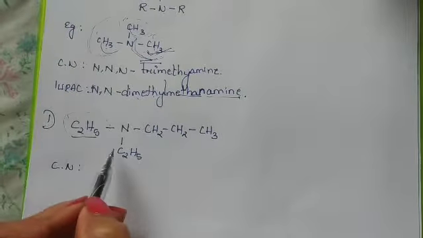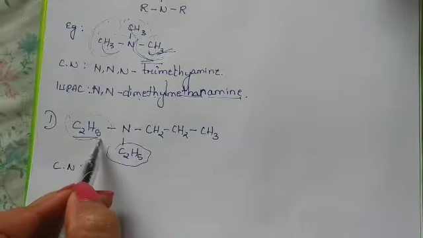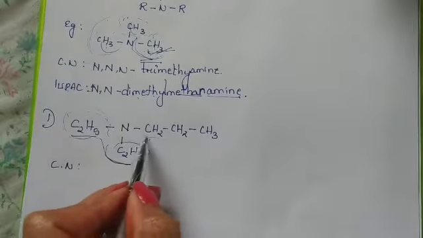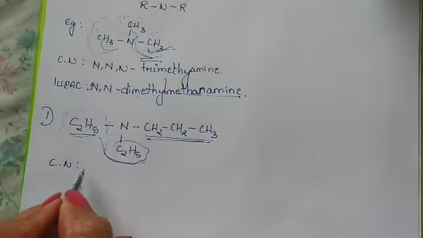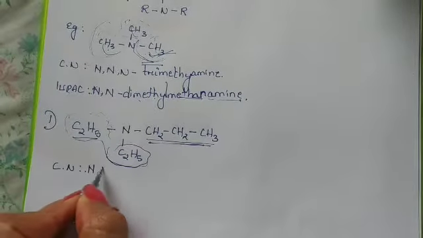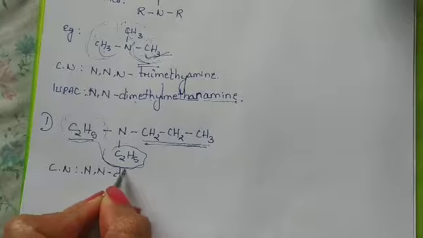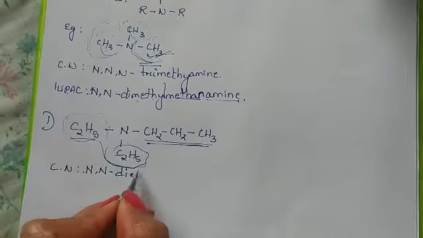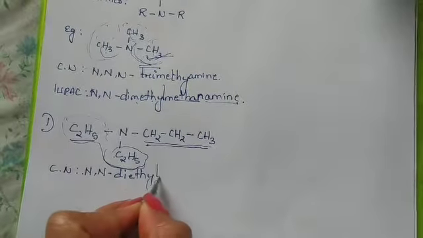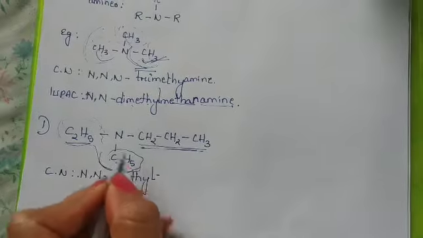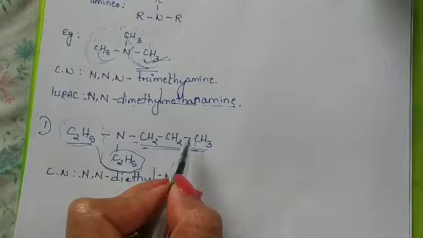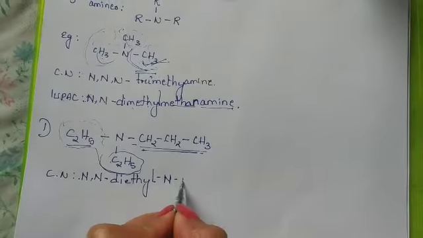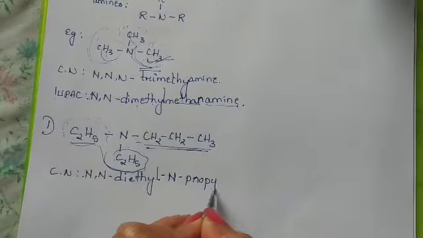We take the two groups as the substituent, and then let's consider this as the main carbon chain, the longest parent chain. N,N-di, two carbon atoms, the ethyl. Again we have propane, therefore it will be ethyl propyl amine.